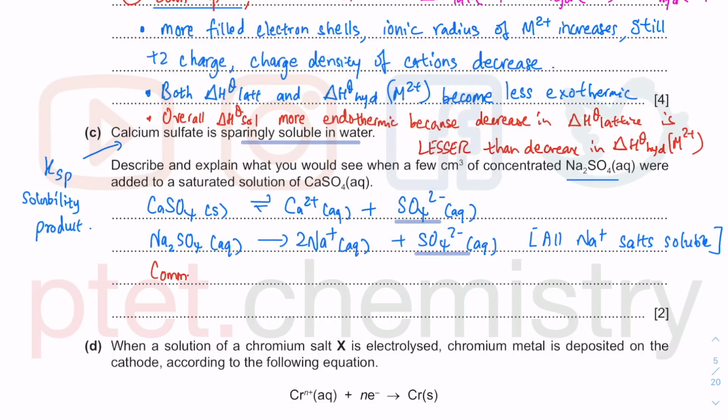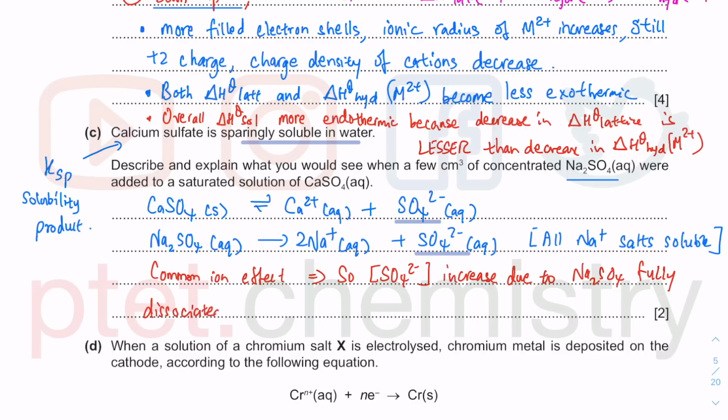So I just state that it's the common ion effect, but you've got to explain it. By stating common ion effect, you wouldn't get any marks, okay? So what we can say is the sulfate concentration from the Na2SO4 is going to increase due to Na2SO4 fully dissociating.